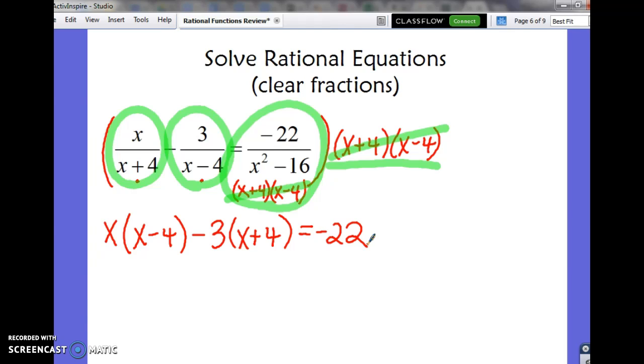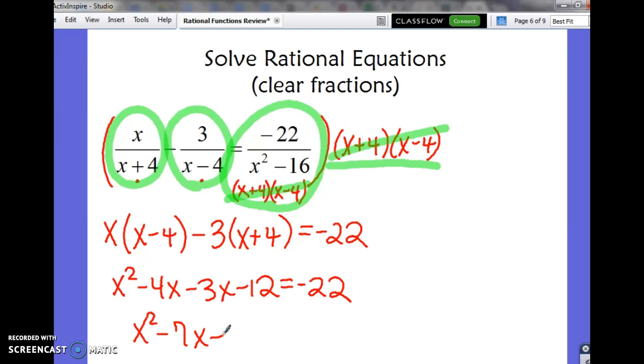And from there, like the other ones, you need to start distributing. And then you see that you've got a quadratic. You're probably going to want to combine like terms. And then, because it's a quadratic, you're going to want to get everything to the same side of the equation, which in this case is going to mean taking that -22 to the other side by adding it.